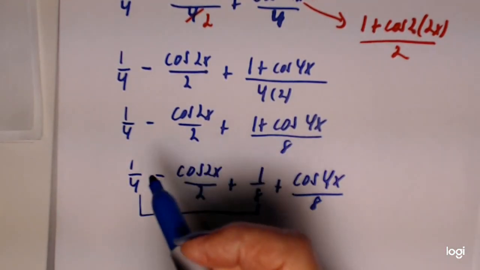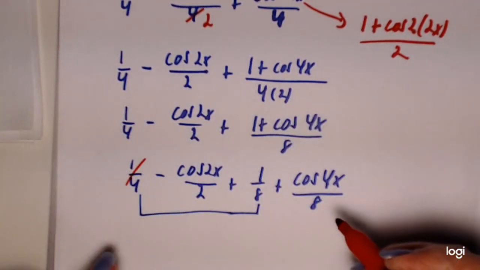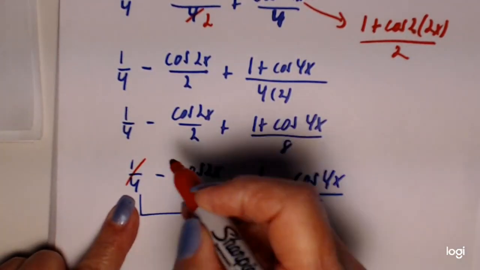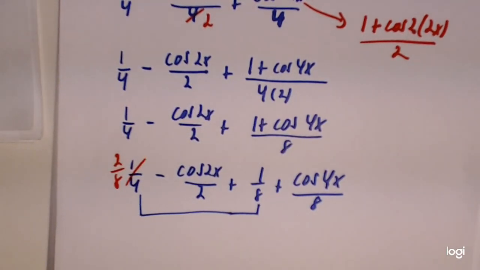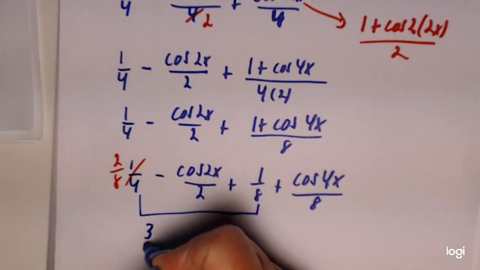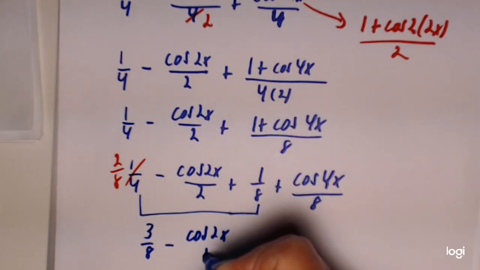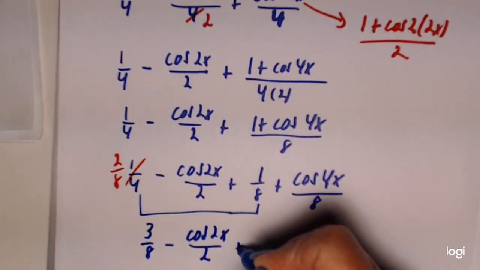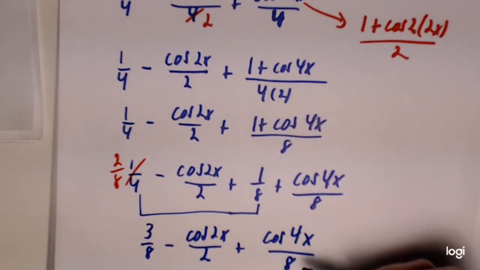So 1/4, if we make this denominator 8, is the same as 2 over 8. So we can combine these 2/8 and 1/8. So we have 3/8 minus cosine 2x over 2 plus cosine 4x over 8.